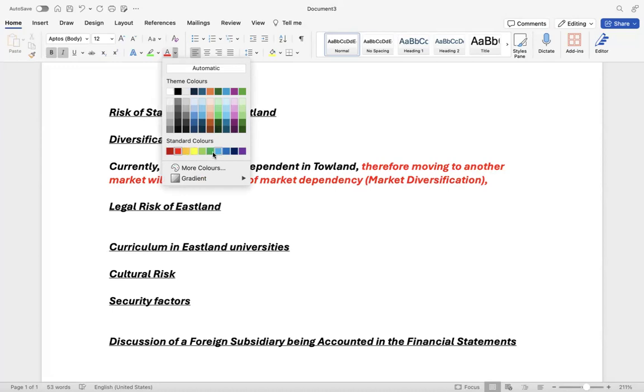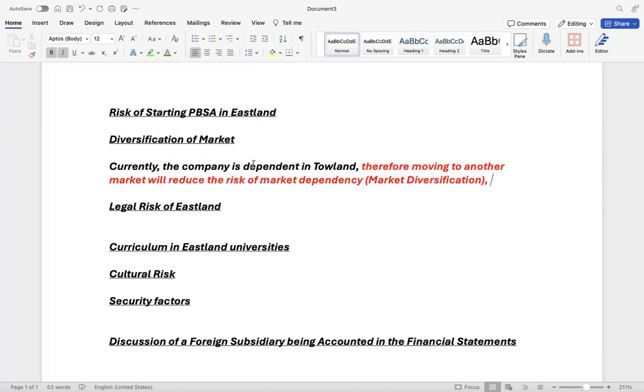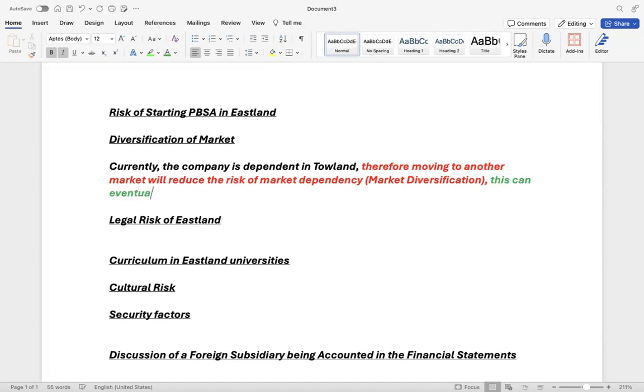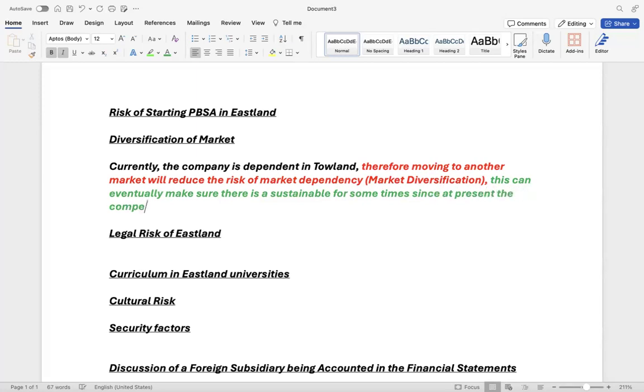Now, students, the good thing about this, so the results, this can eventually make sure there is a sustainable revenue for some time, since at present the competition in Eastland is less.